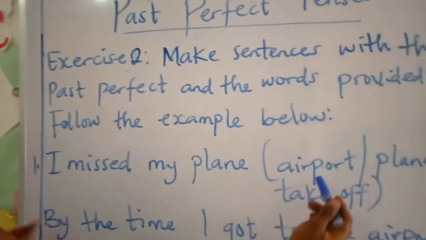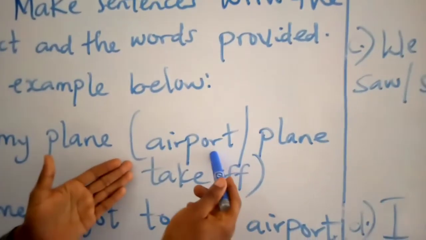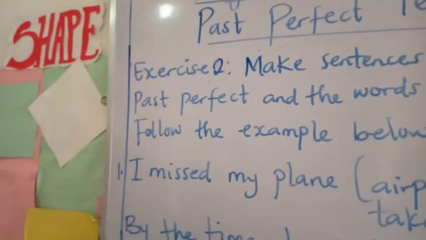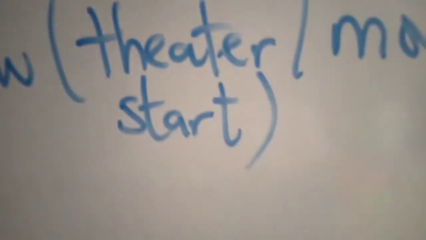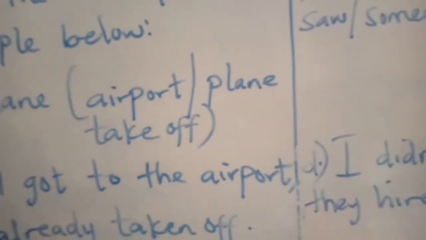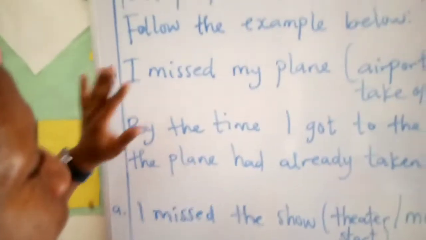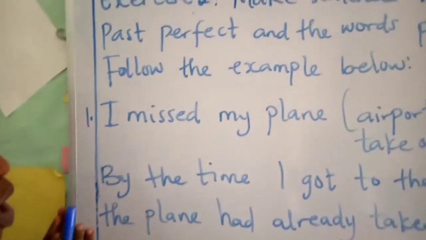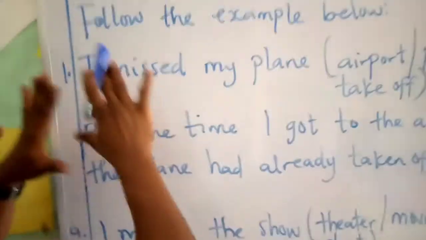We have words provided for us in parentheses. There are many of them. So we're asked to follow the number 1 example. This is example 1. And watch me as I go through this with you, because they want us to do it exactly the way number 1 is done for us.